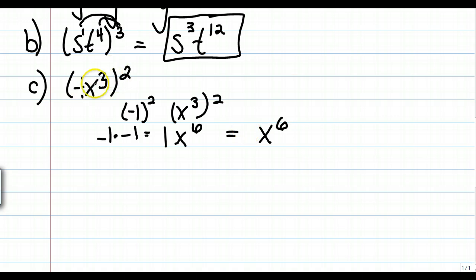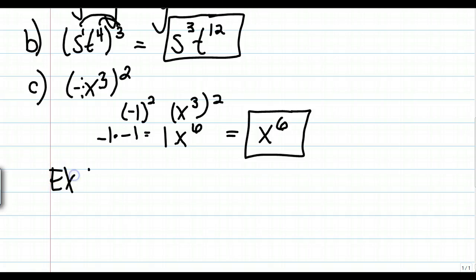If it's a power that's an odd number, you're always going to have a negative. But I wanted to write it out and show you so you understood exactly why we were including that negative sign. And it's a common mistake on the test, so make sure you remember the even or odd rule. Even, positive, odd, negative.